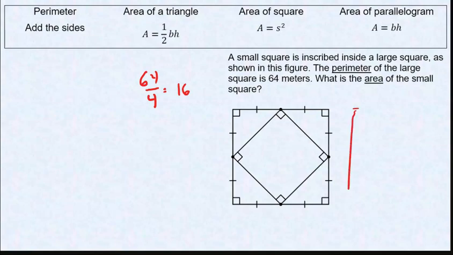That means each of these sides is 16. These congruency marks here are making clear that I have 8 and 8. I now have a choice. I could use Pythagorean Theorem, just like I did the first time, or I can use trig.